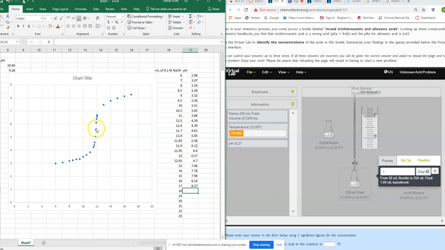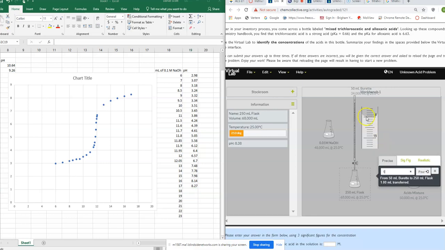And then from here, wherever that point is, to the next endpoint, that's the volume you use to determine the concentration of the strong acid. I think I said that wrong, though. The first one is the one you use to determine the concentration of the strong acid. The second one is going to be the concentration of the weak acid.